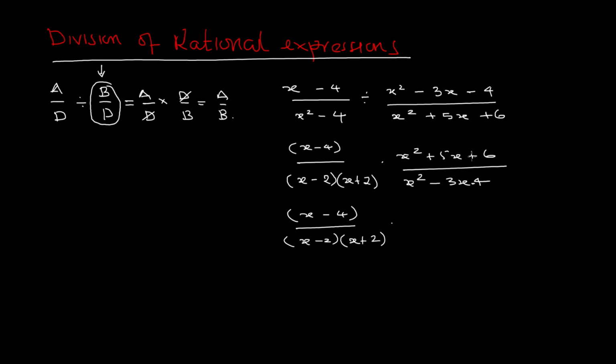So here we can simplify this. How do we simplify this? We know that the product is 6 and the sum is 5. So already I know that I can use 2 and 3. So I have x plus 2, then I've got x plus 3. Then here again, I multiply these. I get a product of minus 4. And then how do I get to minus 3 if I use minus 4?